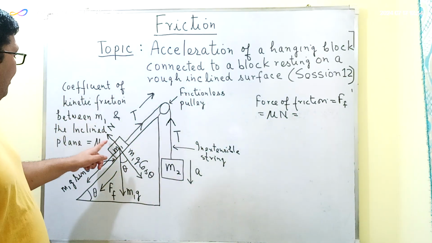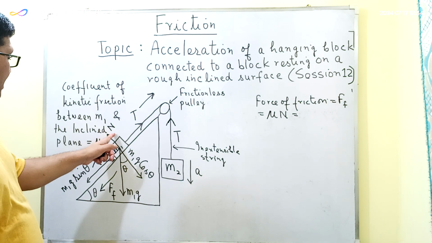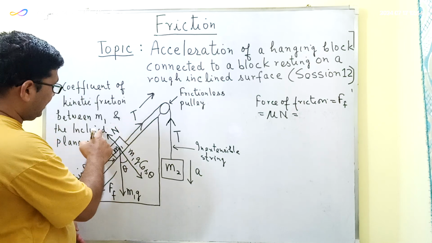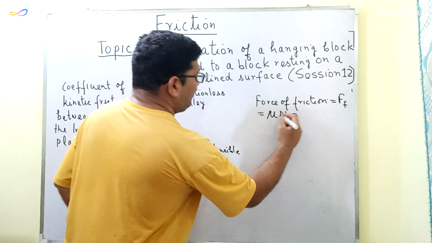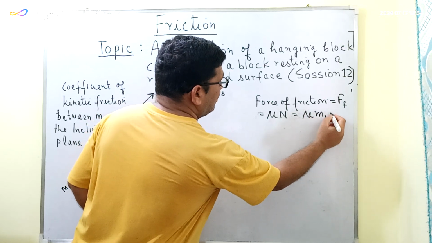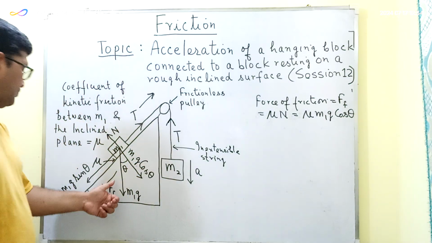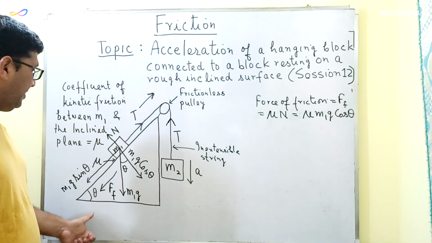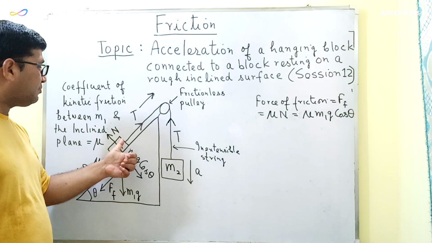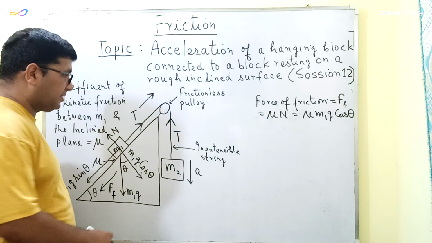The normal reaction acts perpendicular to this inclined plane, which I have already indicated here by N. So the force of friction is equal to mu N, and mu N is equal to mu m1g cos theta. This is the value of the force of friction. This force of friction will be acting down the plane because this block is moving up the plane, and the force of friction opposes the relative motion.